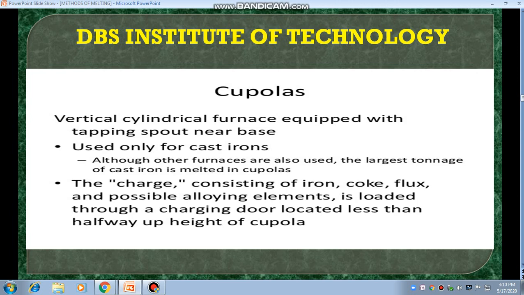The charge consists of iron, coke, flux, and possible alloying elements. All these things are loaded through a charging door located less than halfway up the height of the cupola.